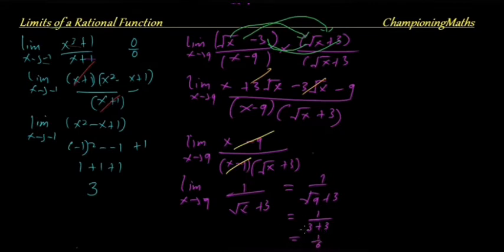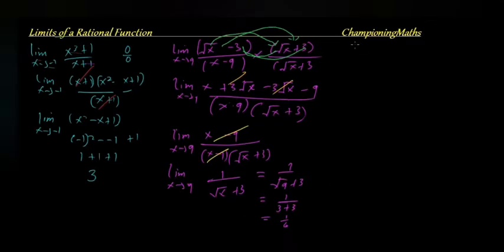Right. What's the limit as x approaches 0 of square root of 4 plus x minus 2 all over x? When you plug in 0, our function will be undefined. And since this function cannot be factorized, and it has radicals, you multiply it with its conjugate.